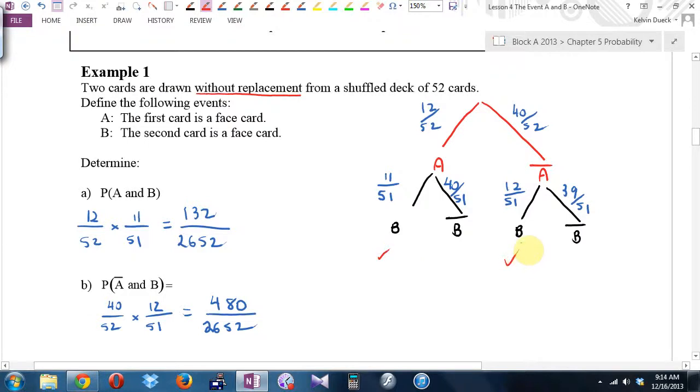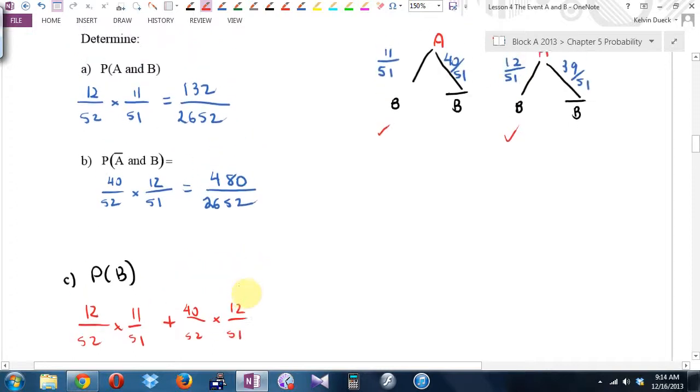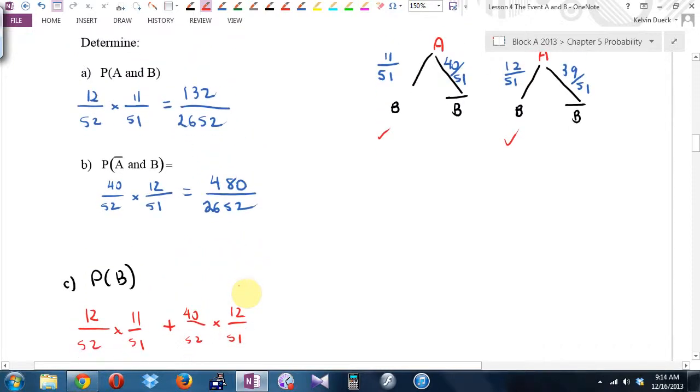What does or mean? So it's going to be multiply 12 out of 52 and 11 out of 51. That's the first branch. Or 40 out of 52 and 12 out of 51. Let me see if I can get all this. I can't quite get all this onto one page.